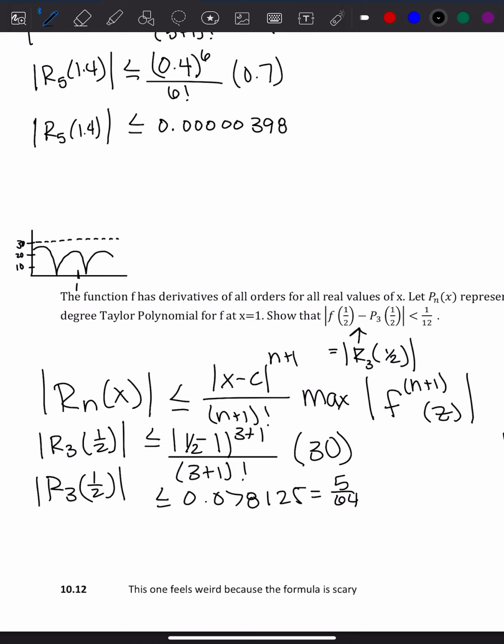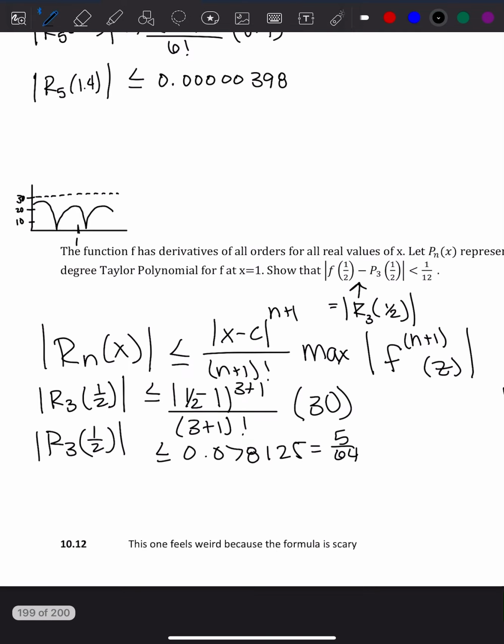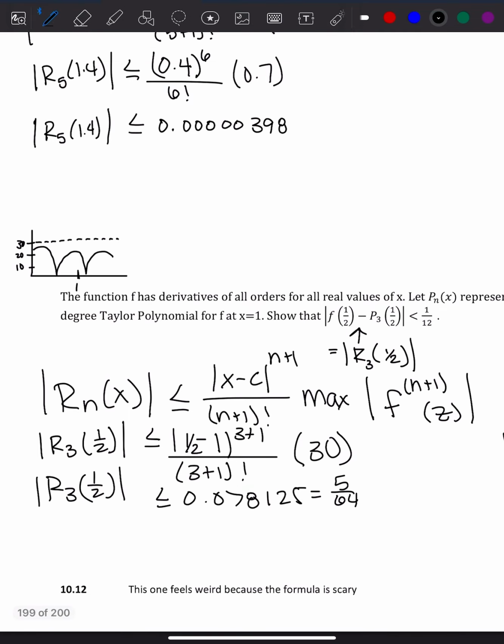And we want to decide if this 5/64 is less than 1/12. So 5/64 and 1/12. I don't know about you, but I don't know if I would necessarily be convinced.